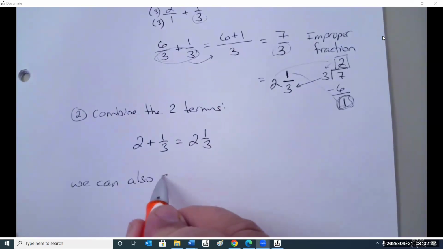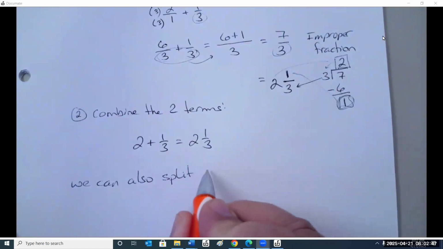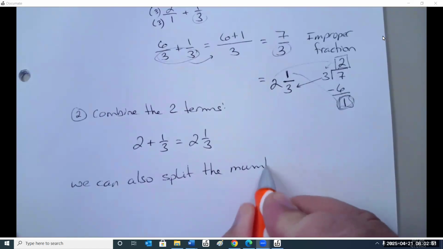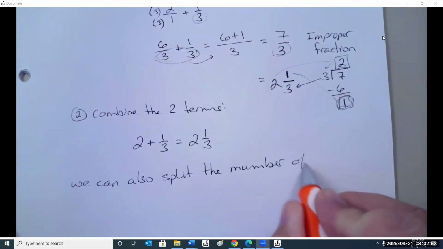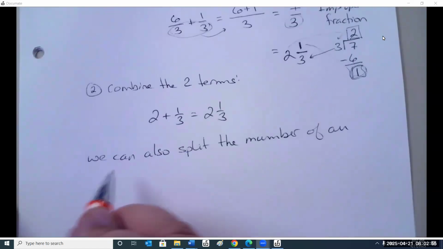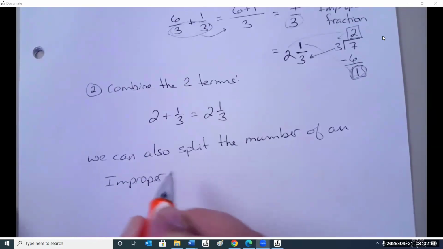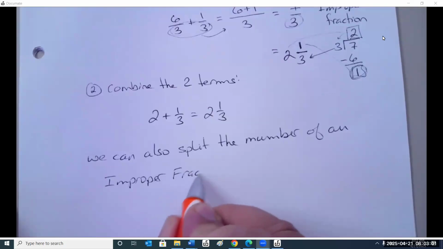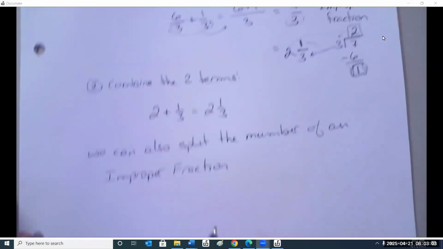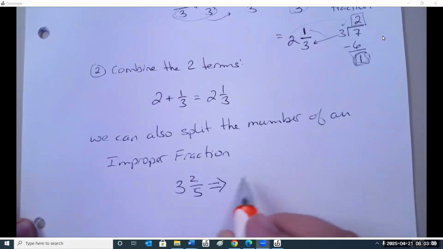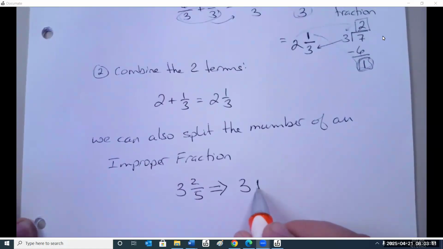We can also split the numbers of an improper fraction. 3 and 2/5 is equal to 3 plus 2/5.